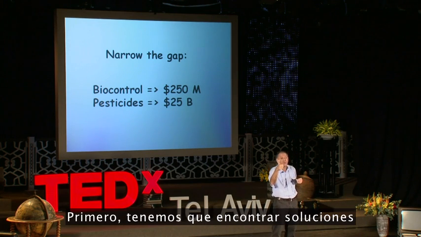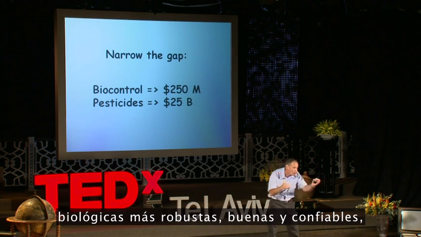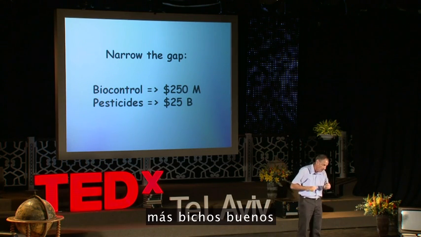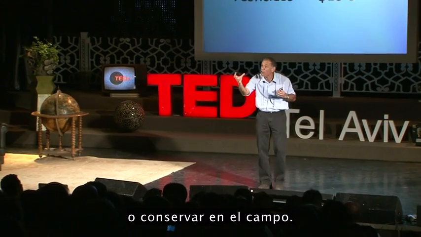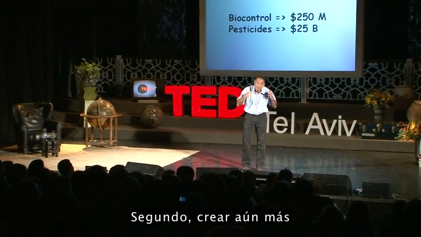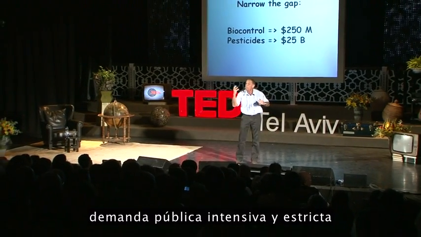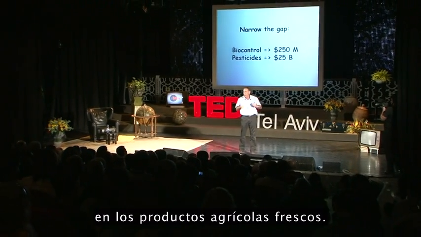First of all, we need to find more robust, good and reliable biological solutions. More good bugs that we can either mass produce or conserve in the field. Secondly, to create even more intensive and strict public demand for reduction of chemicals in the agriculture of fresh produce.